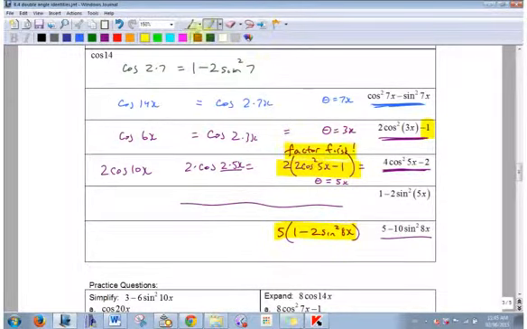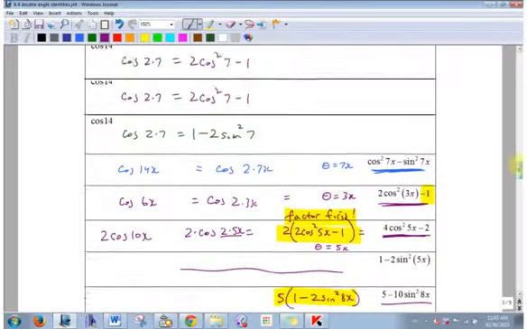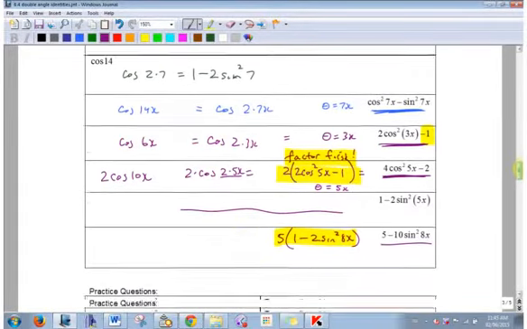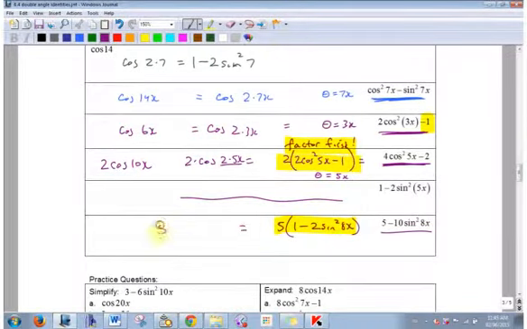So that one I got to factor too. And then 1 minus 2 sine squared of theta is cosine 2 theta with a 5 out front. Okay, which is the same as 5 cosine 16x.